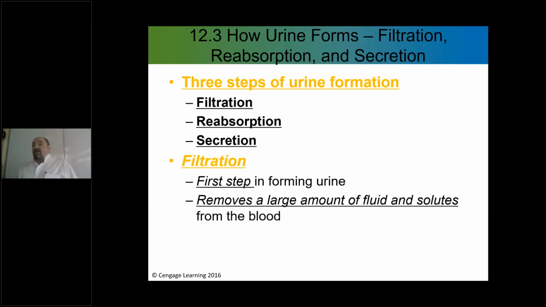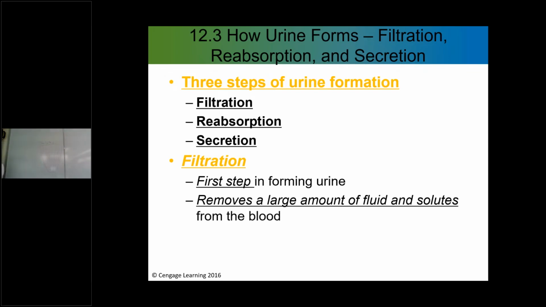Secretion, we're actually going to allow for material to go back into the tubes and become the urine that's going to be relieved out of our body. So we're secreting waste, secretion of waste, and a little bit of water. That's going to become the urine that exits your body.